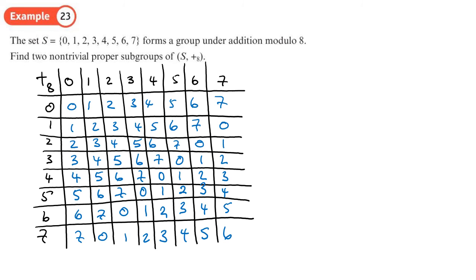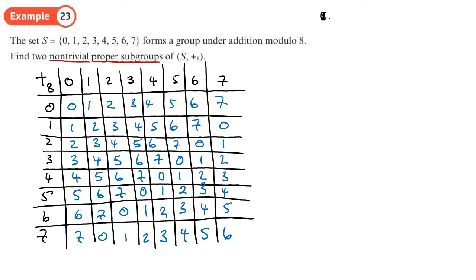Okay, so here's our completed Cayley table. And it's important to note it says two non-trivial proper subgroups. So non-trivial means that we can't have the set that's just got the identity in.